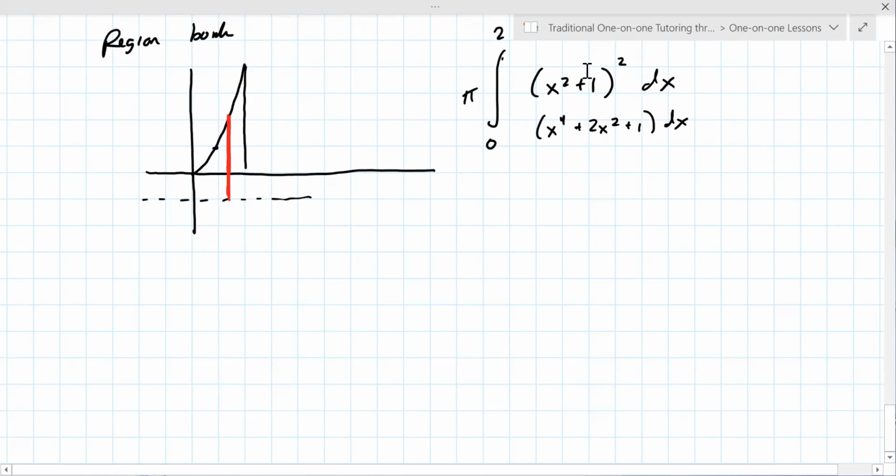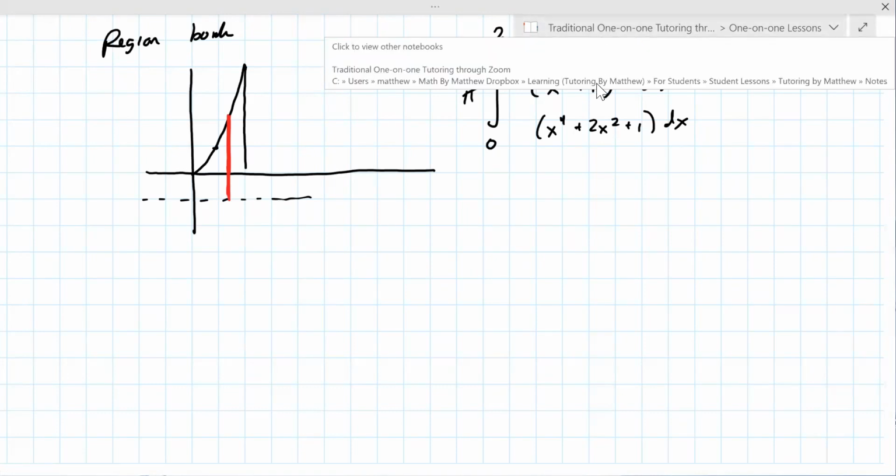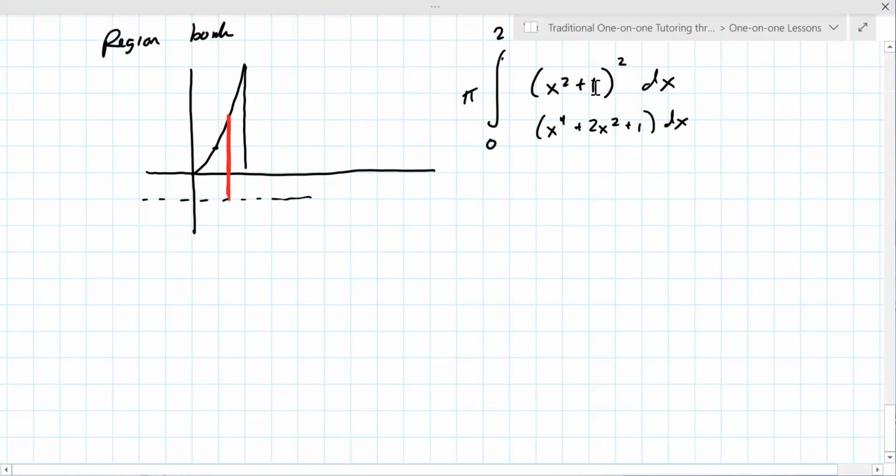Okay, so then that's x to the 5th over 5 plus 2x cubed over 3? Yes. So it's 1/5 x to the 5th, plus x, and then all times pi, evaluated at 2 and 0.